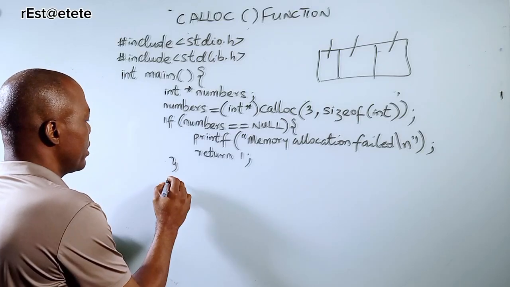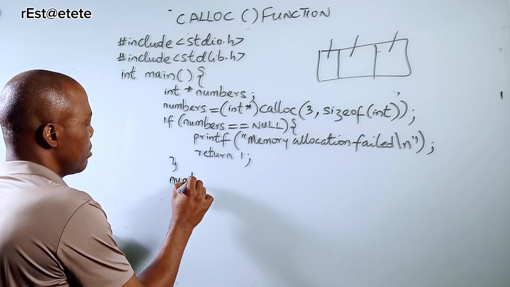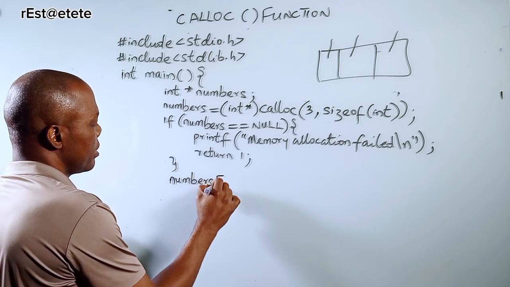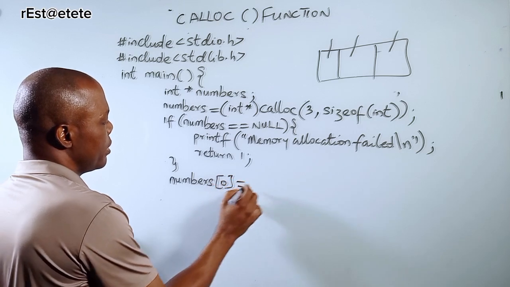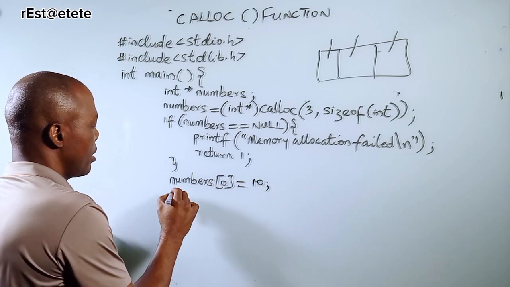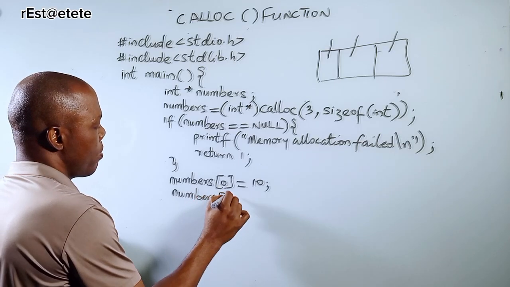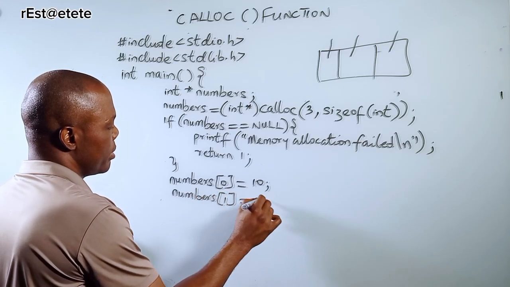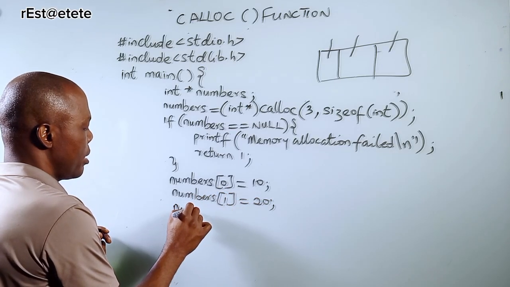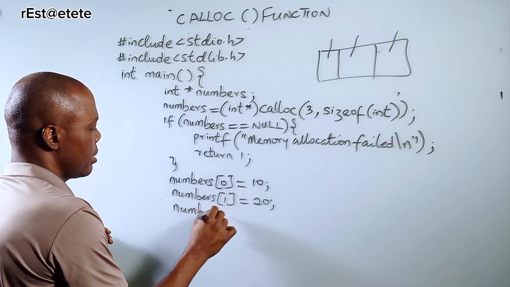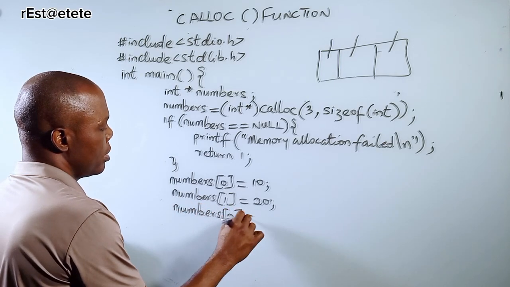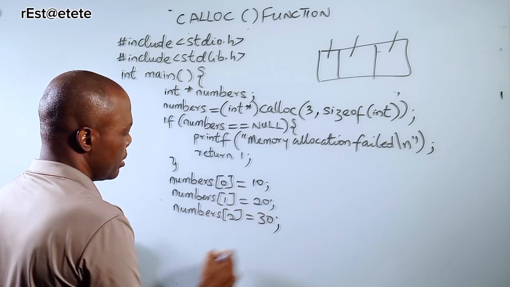So now I'm going to allocate, same thing: numbers 0, that is the first index, 10. Numbers 1, that is the second index, 20. Then numbers 2, the third index, 30.